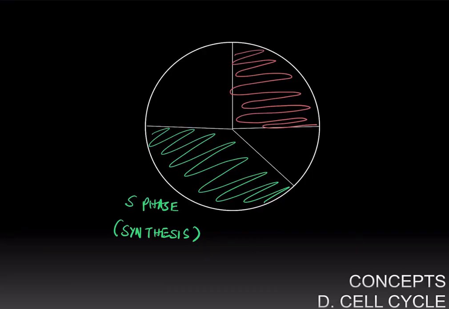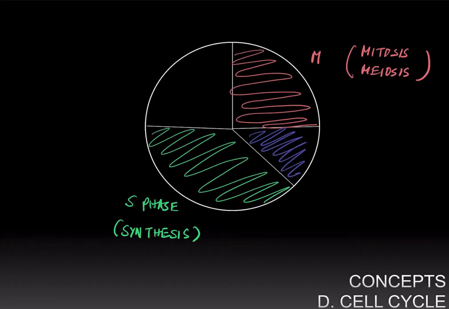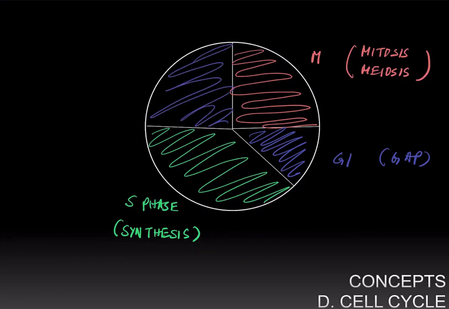Then there's the M phase, where the M stands for mitosis or meiosis. And then there are 2 gaps, G1, say gap, and G2, which also stands for gap.